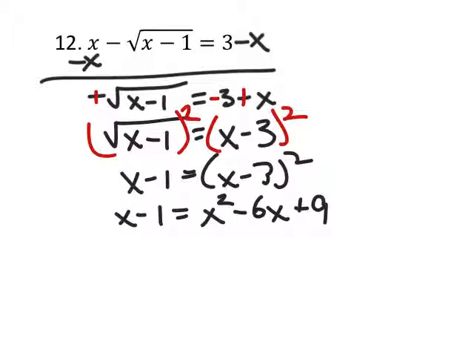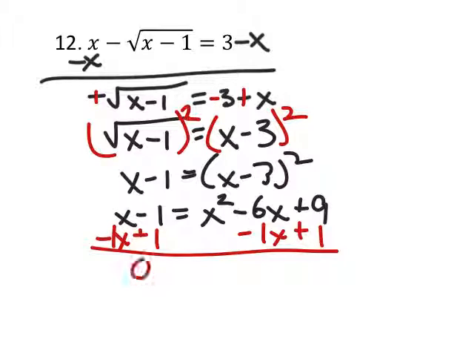And from here, we'll just get rid of everything on one side of the equation so that we have a 0 on its own side. So we're going to add 1, and we'll subtract an x from both sides. Add 1, subtract 1x. That's a 1x, by the way. And we end up with 0 equals x squared minus 7x plus 10.